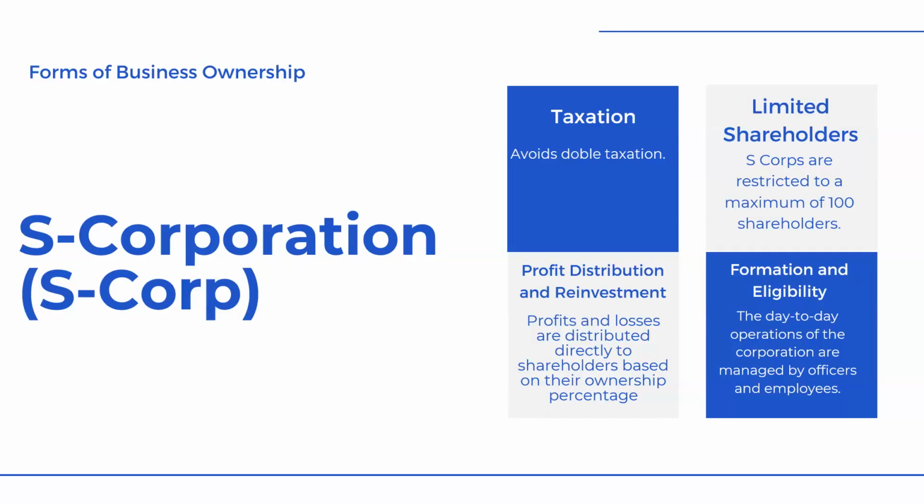So an S corp, they avoid the double taxation by allowing profits and losses to pass directly to shareholders' personal tax returns. The corporation itself is not taxed at the corporate level.